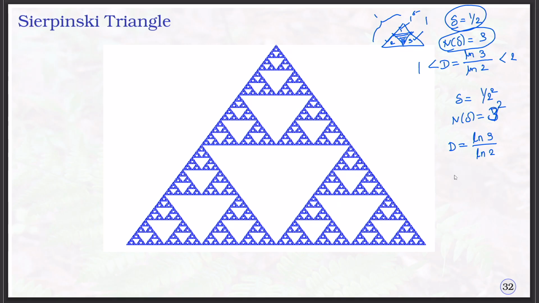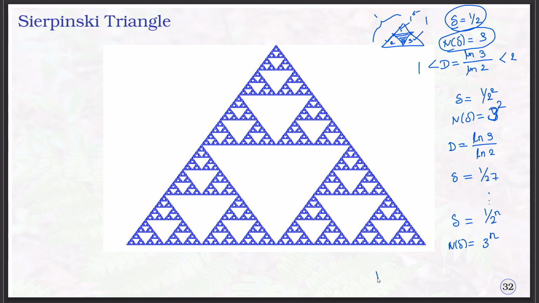Again, whenever you are taking the delta values 1 by 2, 1 by 4 or 1 by 8, in general, after the nth iteration, we have box sizes 1 by 2 power n. If you choose this, then the number of boxes required to cover the Sierpinski triangle in the nth iteration, N of delta, one can get 3 power n.